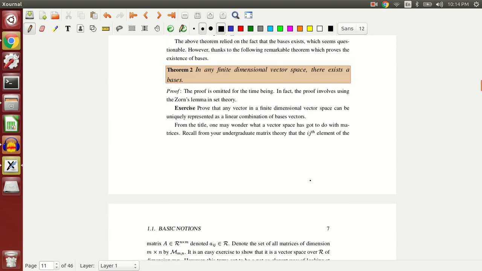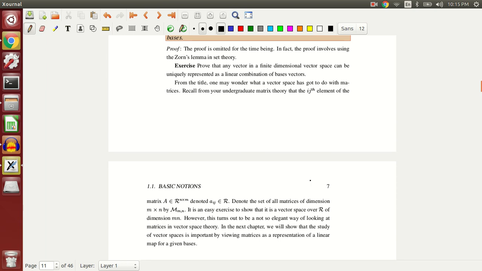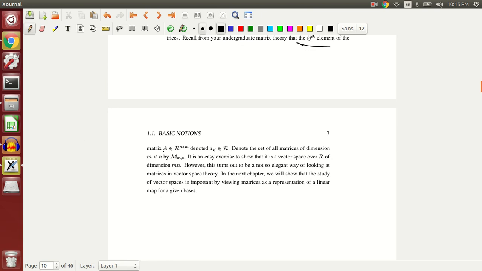Okay, let's finish this off. So basically, what we're trying to say is, what do matrices have to do with vector space? Let's say you have a matrix where elements are indexed with i and j. Let's say such a matrix exists in R n cross m space, where this denotes the element of the matrix, which is part of the number line.